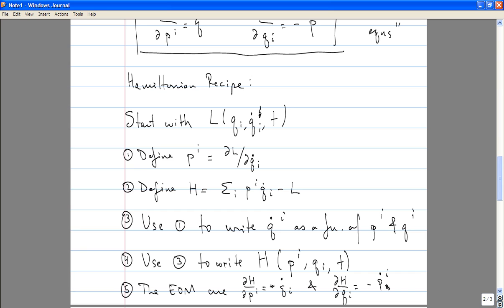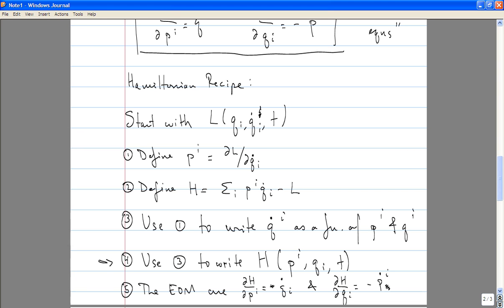Now, at this point, I should mention one mistake that people always make. A problem that you will be asked to solve again and again in this class is the problem where I give you a Lagrangian and I ask you to write down the Hamiltonian and the Hamiltonian equations of motion. And the problem that people often run into is they forget step 4 and they leave in some explicit dependence on q dot, and then they get very confused and make all sorts of mistakes.